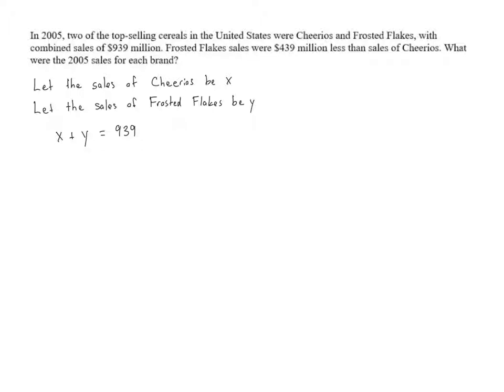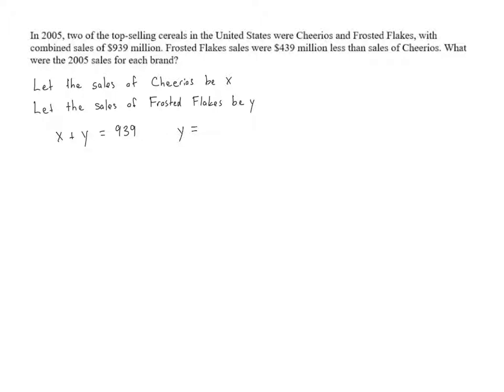Let's look at the other sentence. Frosted Flakes sales were $439 million less than the sales of Cheerios. So Frosted Flakes was $439 million less than Cheerios. Well, Frosted Flakes sales are represented by y. So I'm going to say y equals $439 million less than the sales of Cheerios.